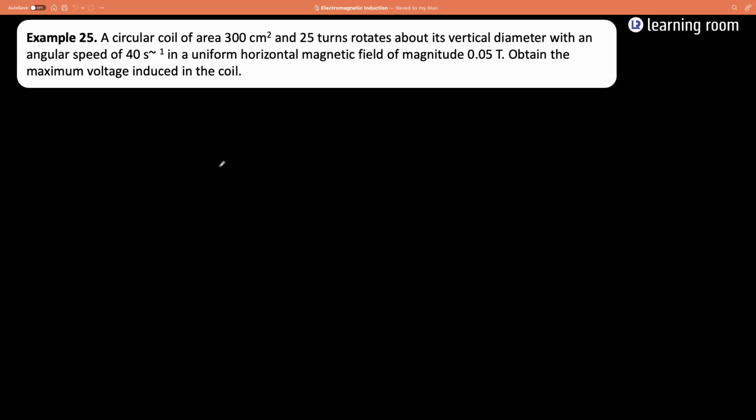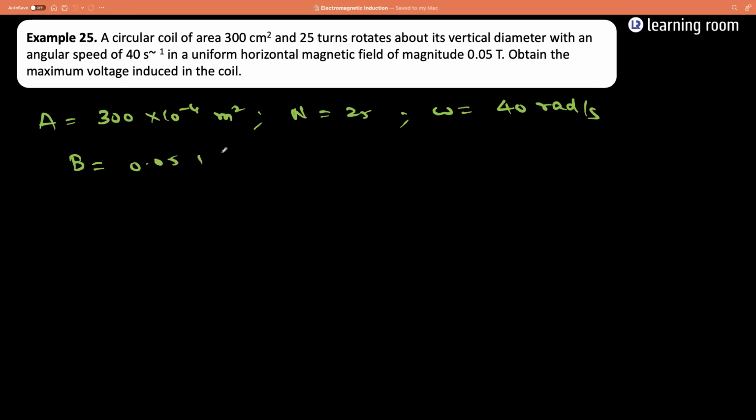A circular coil of area 300 into 10 power minus 4 meters square and number of turns 25 rotates about its vertical diameter with an angular speed of 40, I'm assuming it is radian per second, in a uniform magnetic field of value 0.05 Tesla. Obtain the maximum induced voltage.